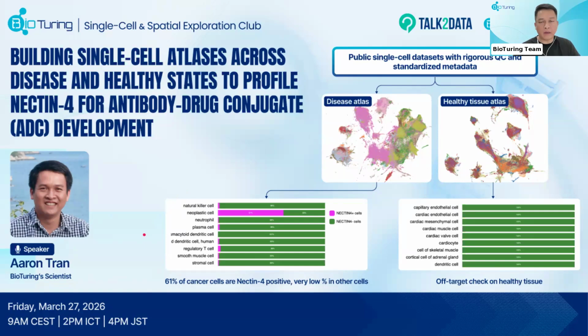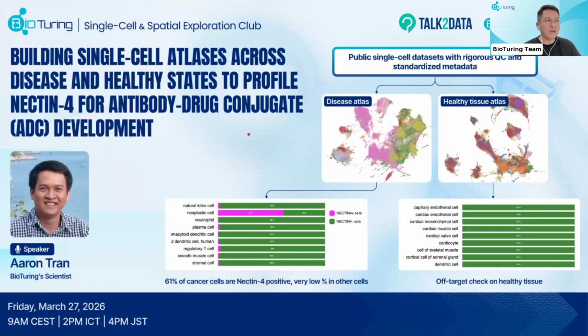I'm Aaron from the BioTuring team, and today I would like to share with you the ability to build a single cell atlas across different diseases, including the healthy control as well. To provide one example today, I'm going to use a target called Nectin-4, which is recently an interesting target for antibody-drug conjugates, to demonstrate some of the functionality of the atlas.